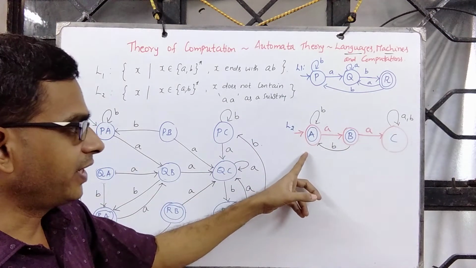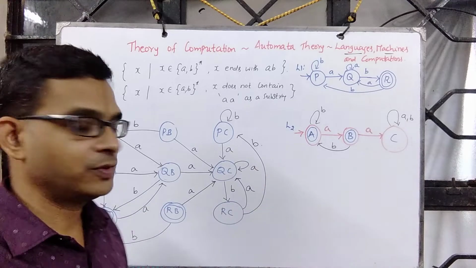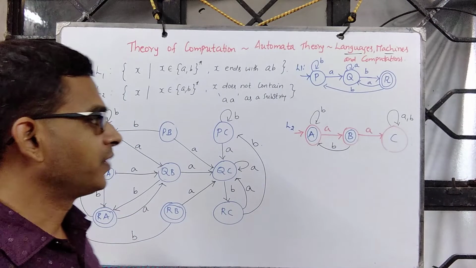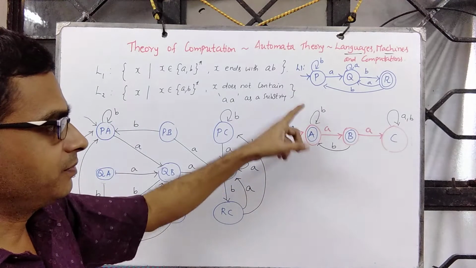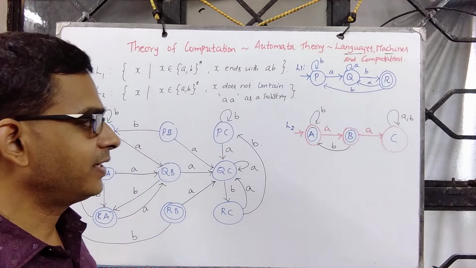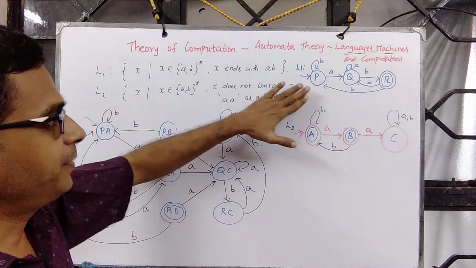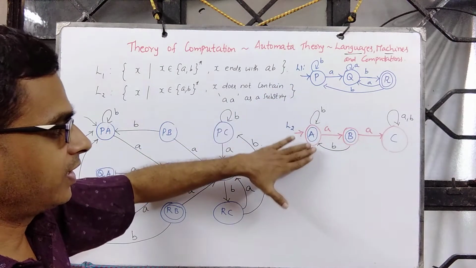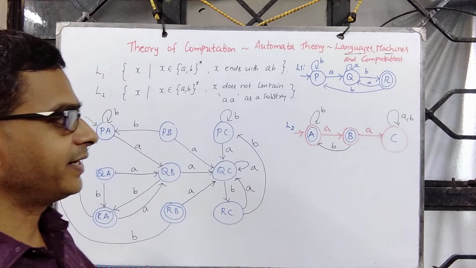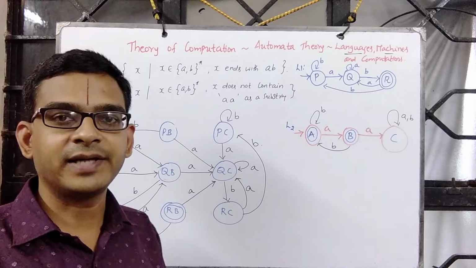Similarly, starting from A, we parse x with respect to this automaton. If at least one of them stops at a final state, we say it is accepted. So one can independently run on this and on this, and finally take a call whether to accept or reject x.